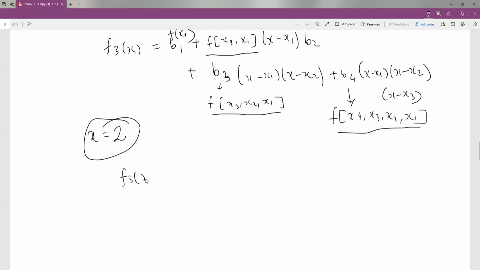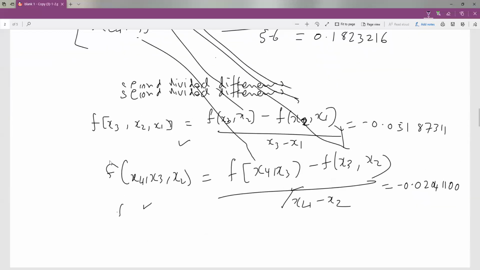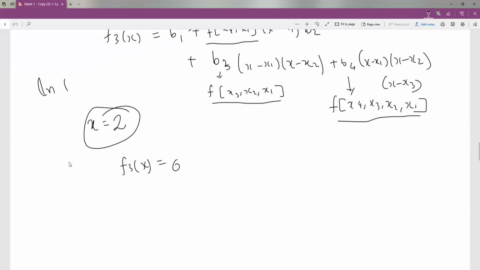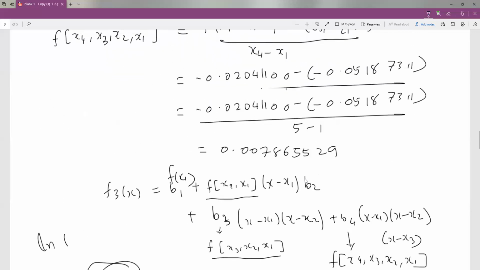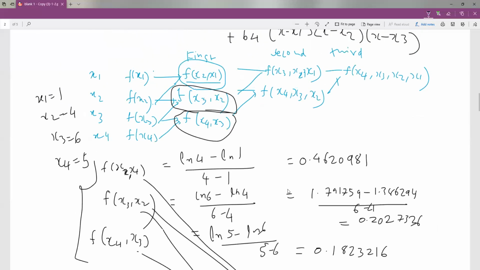So you are getting the function's value at x1, that is x1 equal to 1, gives you ln 1, which will give you 0, plus I'm simply substituting the first divided difference we have obtained, 0.462091.